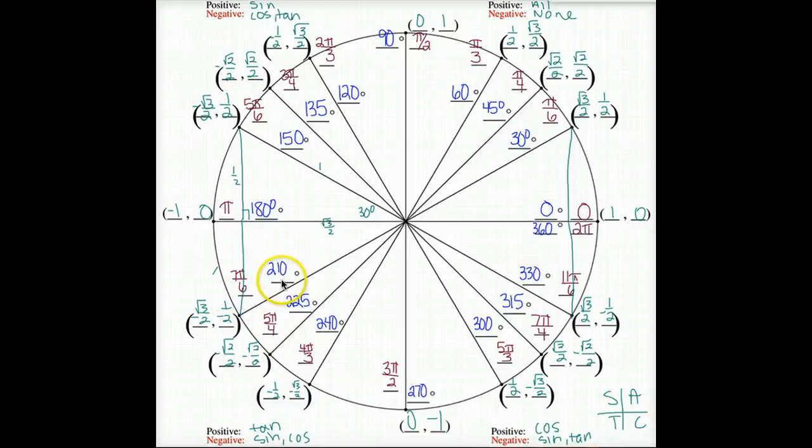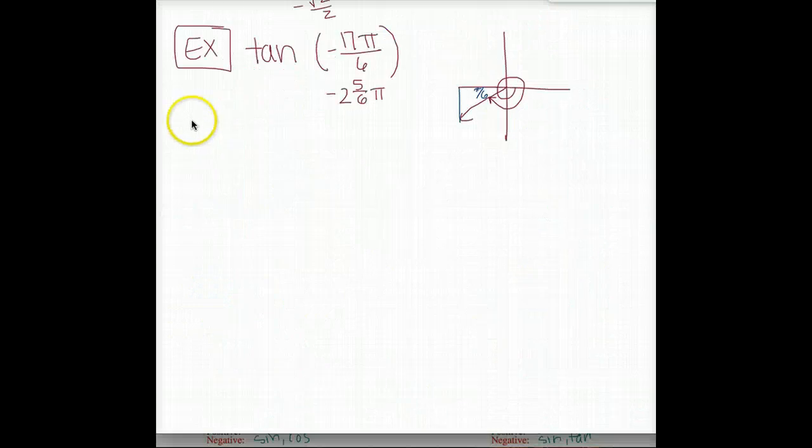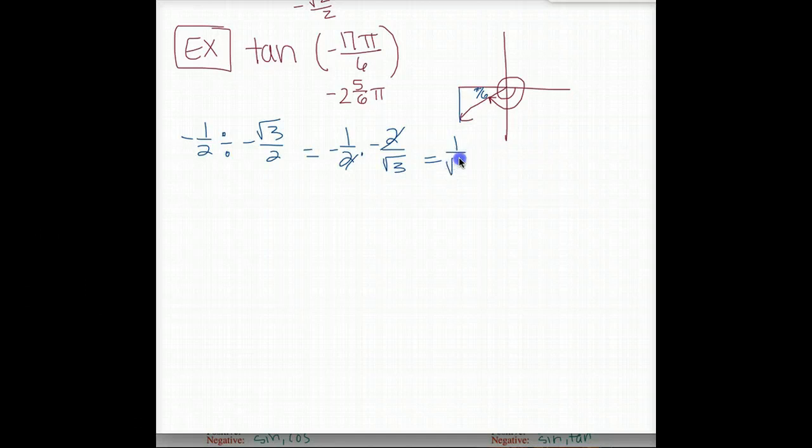So that means if I'm looking for the tangent, I'm just going to take the y value or the sine value divided by the x value or the cosine. So negative 1/2 divided by negative radical 3 over 2, which gives me, again, once you see this, many people know what answer they're going to get.